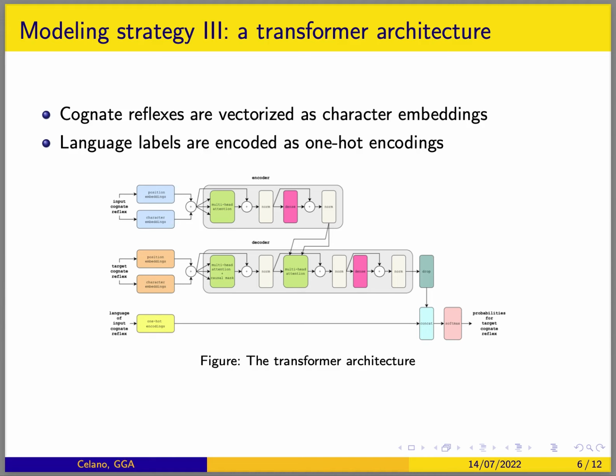The heart of the encoder consists of a multi-head attention layer enabling the creation of a context-aware representation for each character. The output of the encoder is then merged with that of the decoder via another multi-head attention layer.